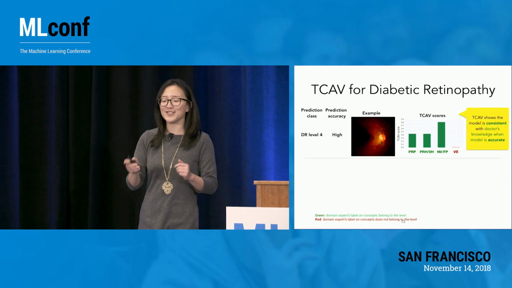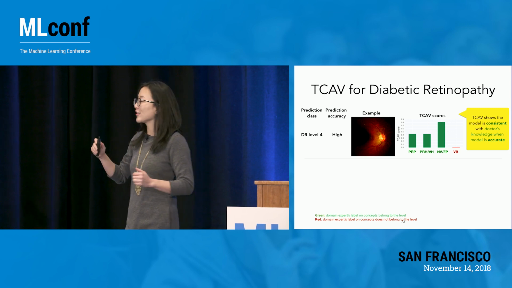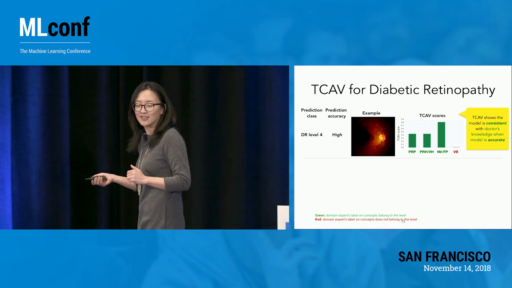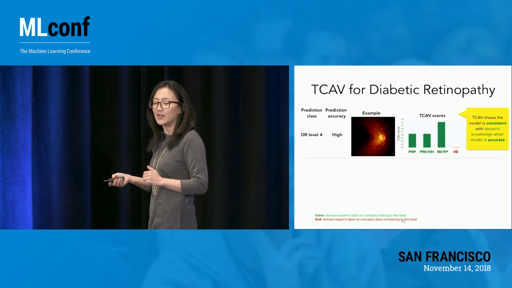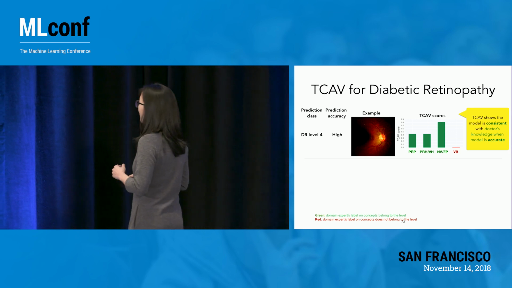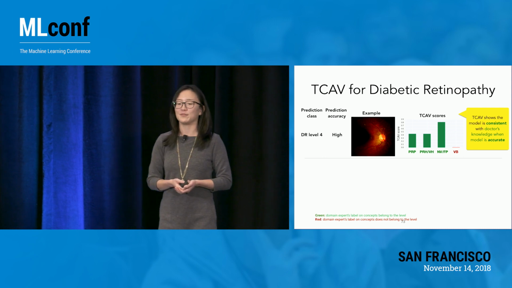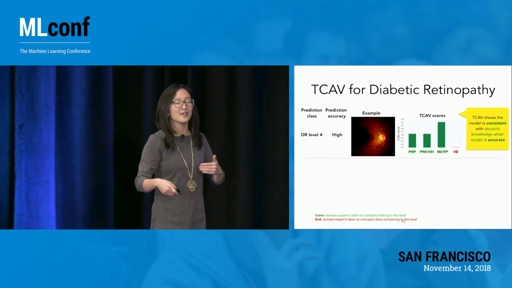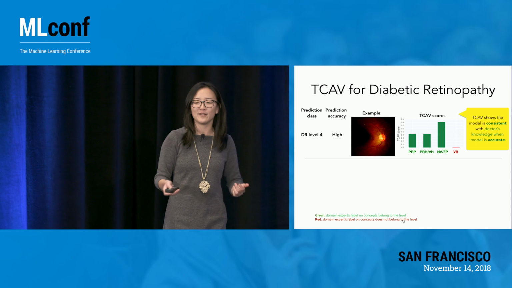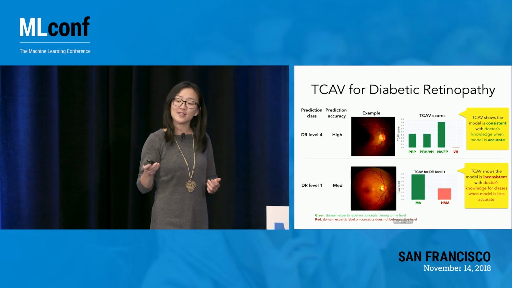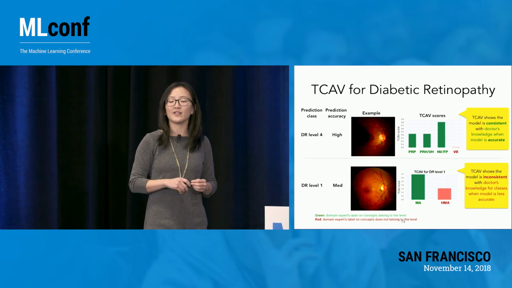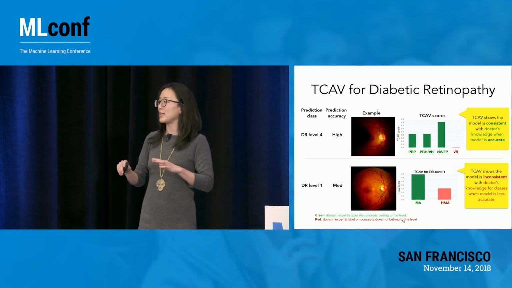The results are interesting. When the model's accuracy was high, like DR level 4, TCaV showed that the model is using the concepts that doctors would have used. Green bars are high, red bars are low, things are good. The story was slightly different when the model's accuracy was medium.